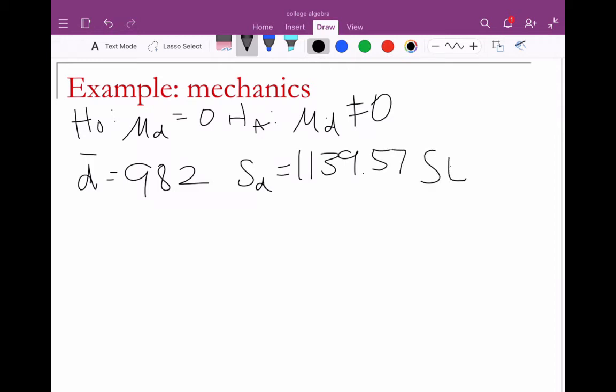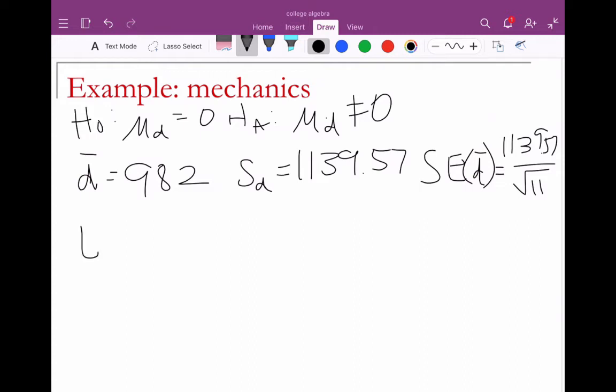So the standard error of the differences is 1,139.57 divided by the square root of 11. Our degrees of freedom is 10, because it's one less than 11.